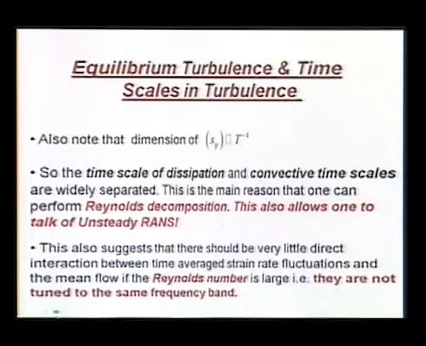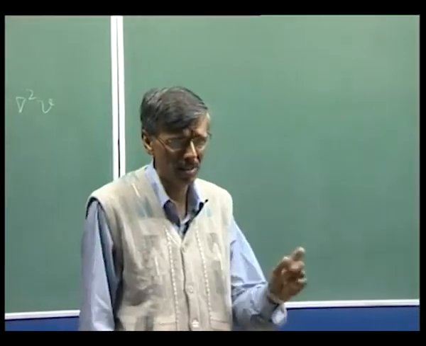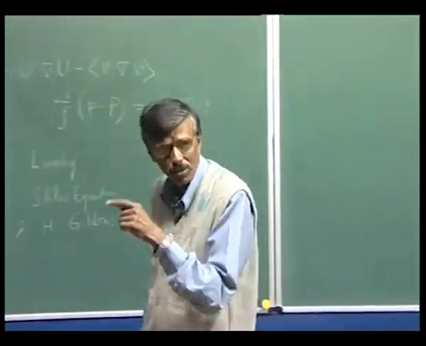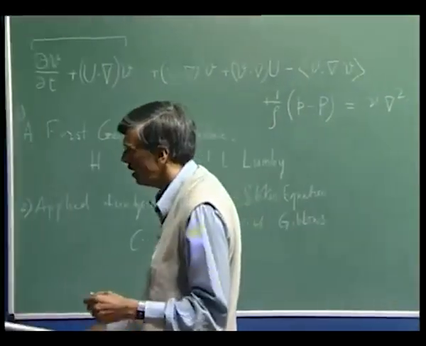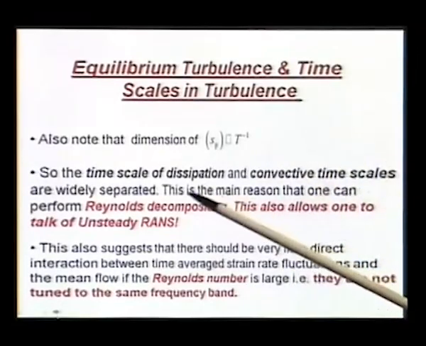This is for the same reason that we can talk about unsteady RANS, because even though the mean may vary slowly, the frequency of variation is so low compared to the frequency of the fluctuating component, that we can say that they are kind of separated.